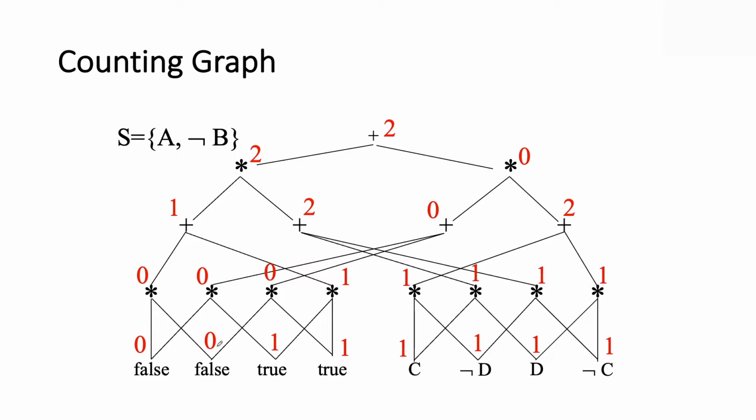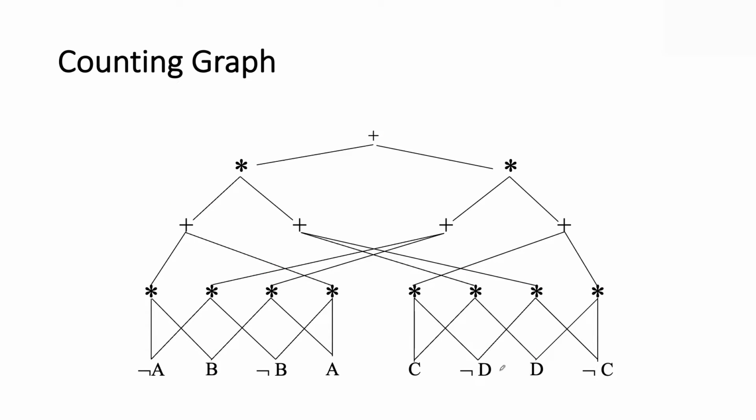Now I'm going to actually do this counting business in a slightly different fashion. Look what we're going to do. Instead of doing this, I'm going to treat these as variables. And I'm going to index them by the corresponding literals so I don't lose track of those variables. Okay, so I'm going to now view these as a circuit, a computation graph. And these are inputs, they're variables.